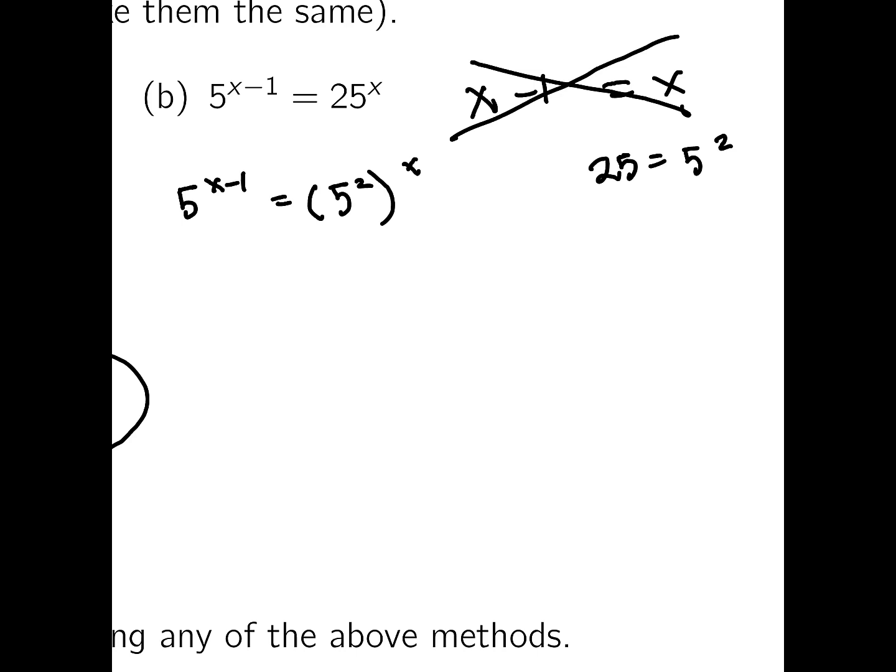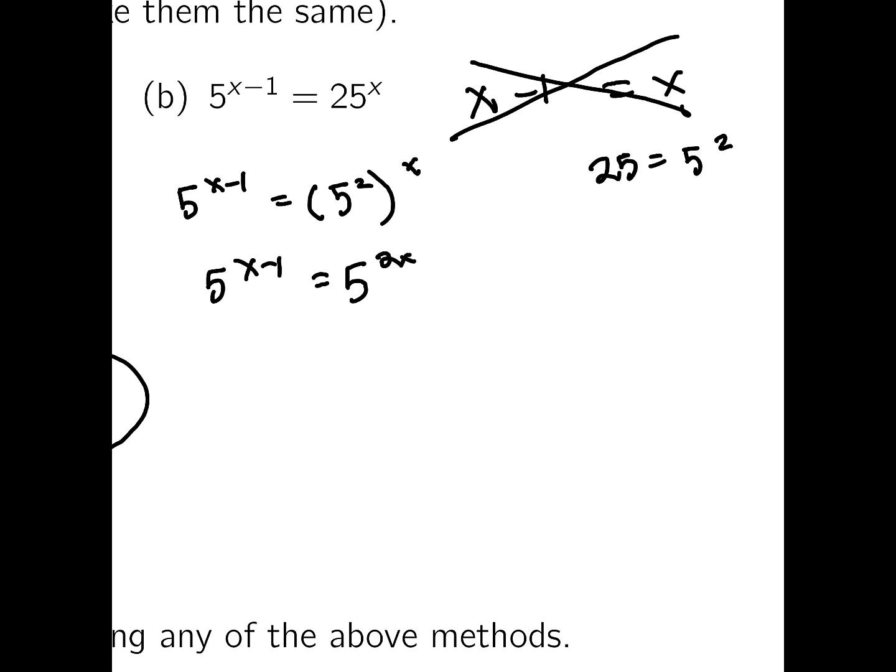Now I still am not quite where I want to be because I have base to a power equal to base to a power to a power, and that's a little different than what we saw in the previous example. So what I need to do is somehow resolve this power to a power on the right side. If we use our exponent rules, we can remember that we can write that right side as 5 to the 2x.